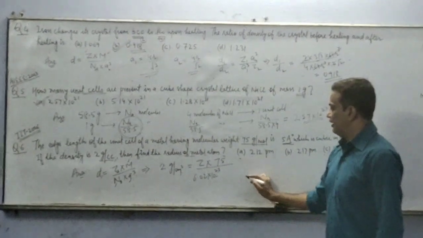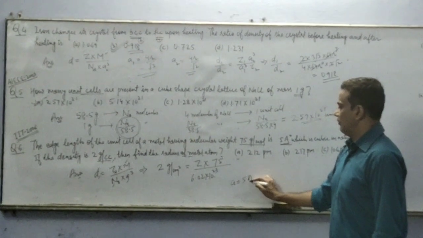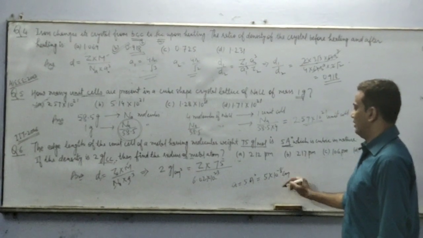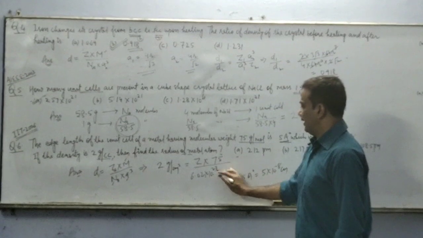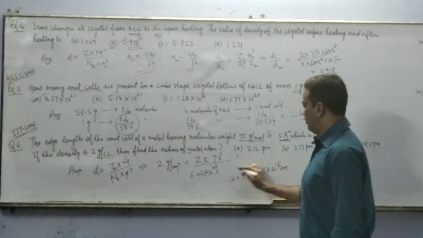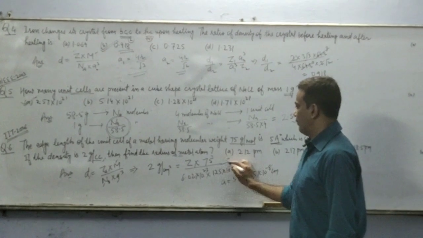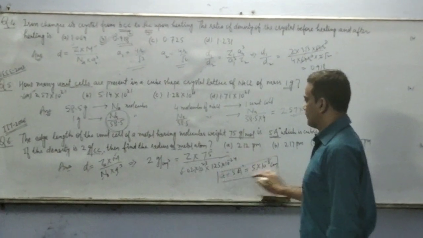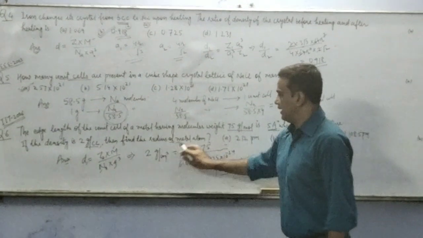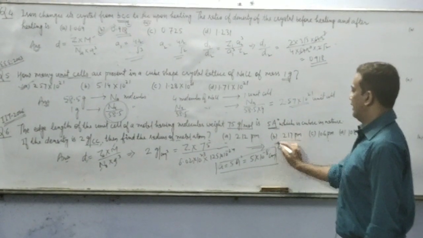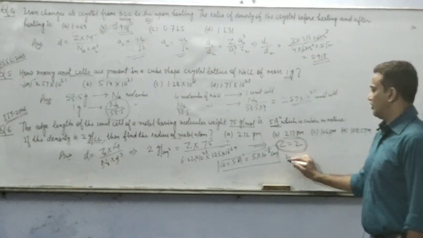So A value is 5 angstrom, which means 5 into 10 raised to power minus 8 centimeter. And A cube would be 125 into 10 raised to power minus 24. Putting the value of A and solving, Z value comes out to be 2. It means the structure is BCC.